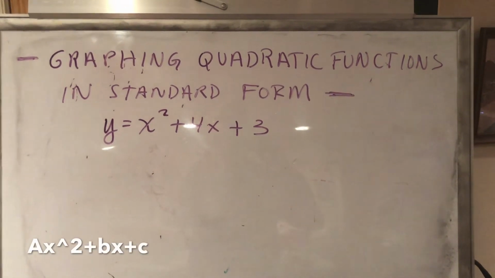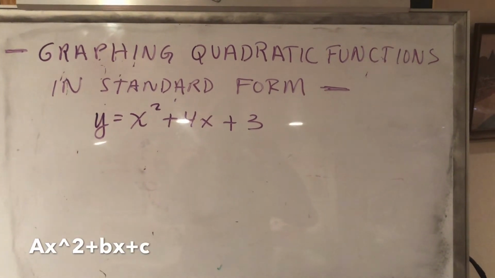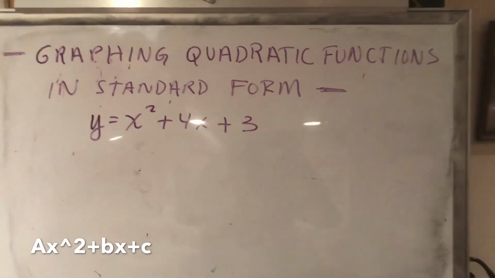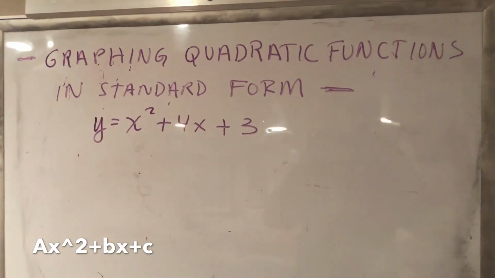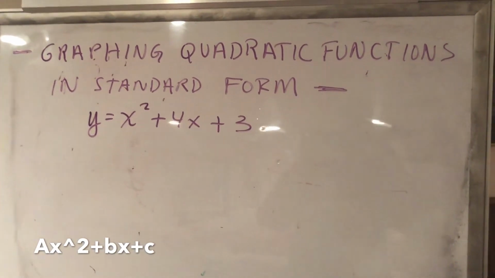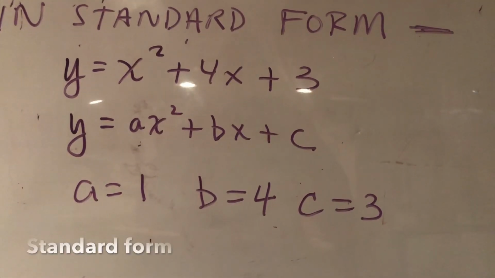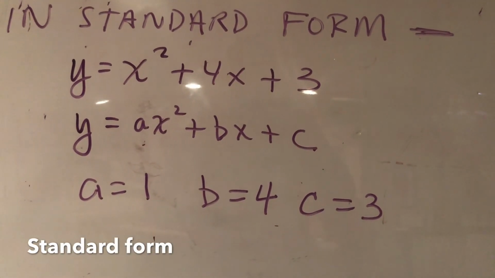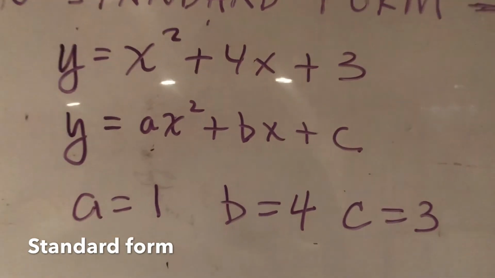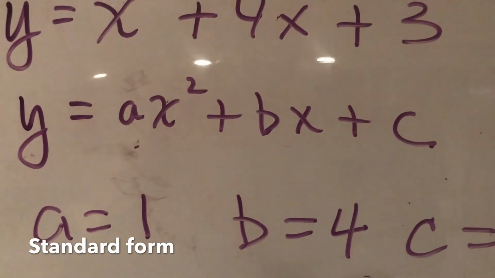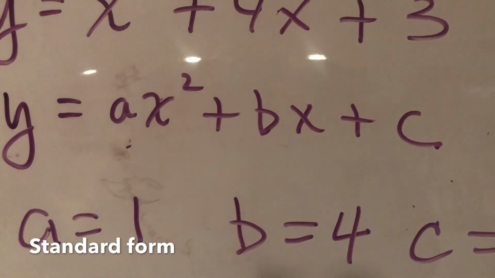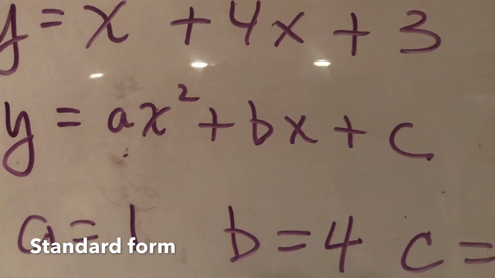Okay, we're going to start with graphing quadratic functions in standard form. The first function I'm going to do with you is y equals x squared plus 4x plus 3. So first we need a little background information. Y equals ax squared plus bx plus c is standard form.